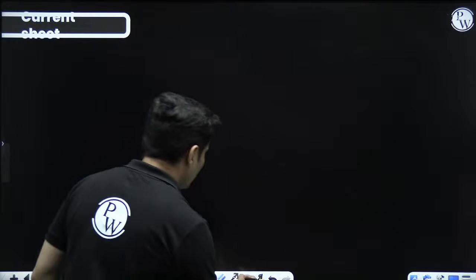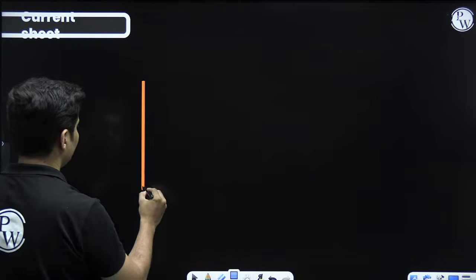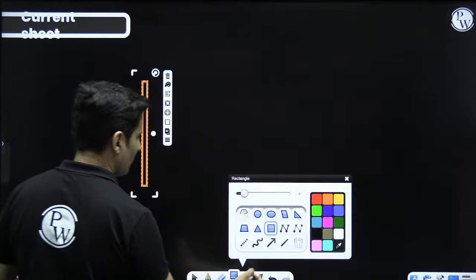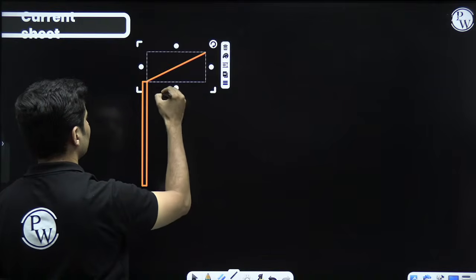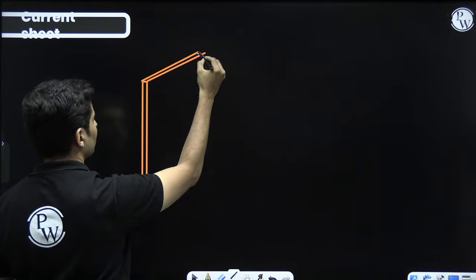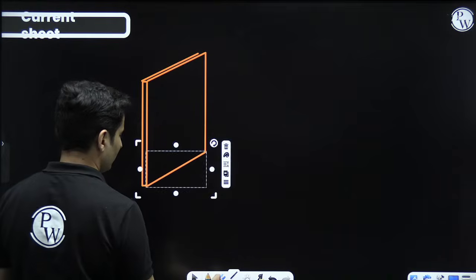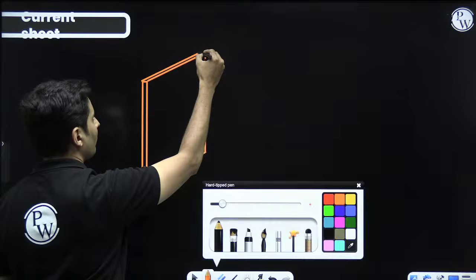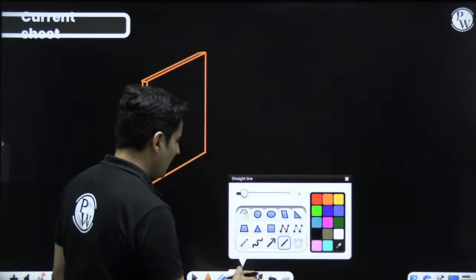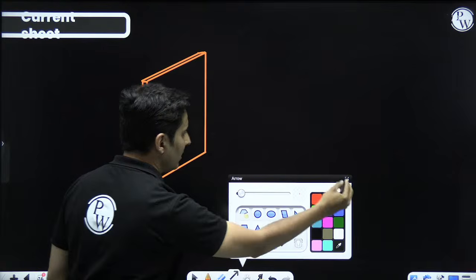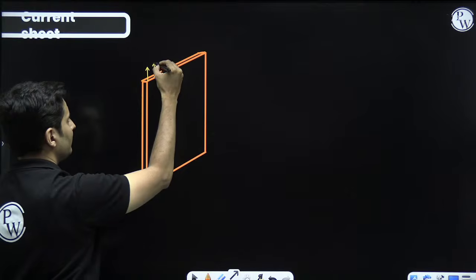Now this particular arrangement, observe this. This is a sheet, and this sheet has lots and lots of wires parallel to it, arranged like this.